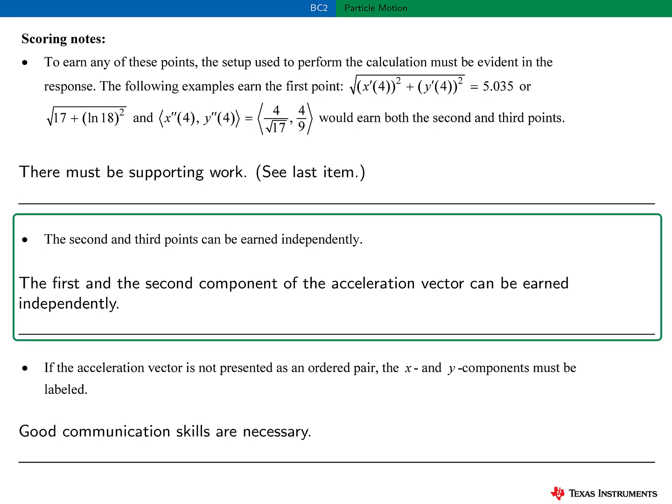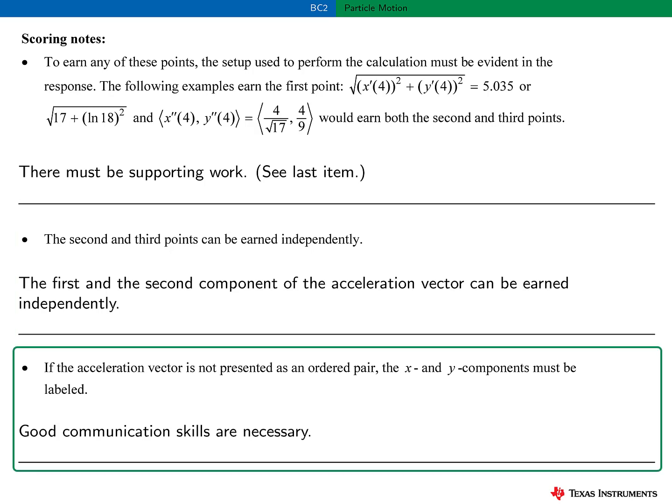That is, one component can be correct and the other incorrect, and that would earn one of the last 2 points. And here's another reminder that good communication skills and notational fluency are expected. If the acceleration vector is not presented as an ordered pair, then the components must be labeled. Readers cannot be expected to decide which value is the x component and which is the y component.